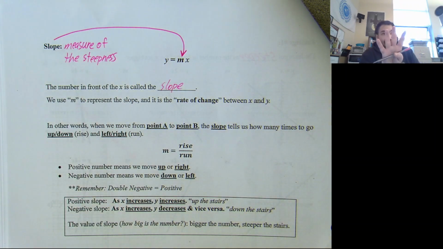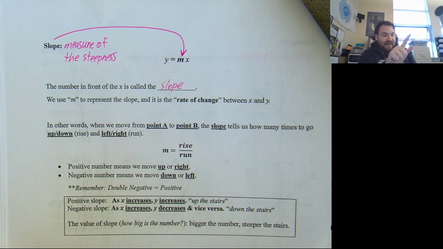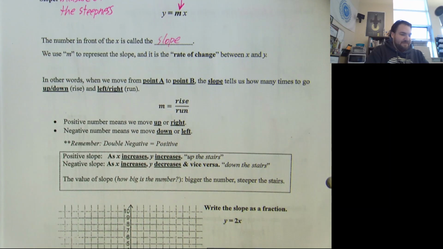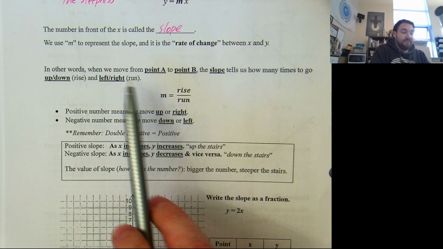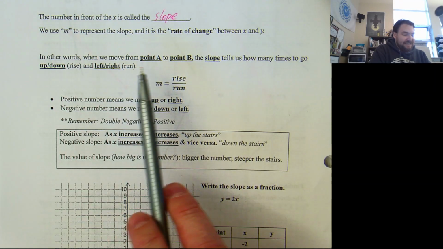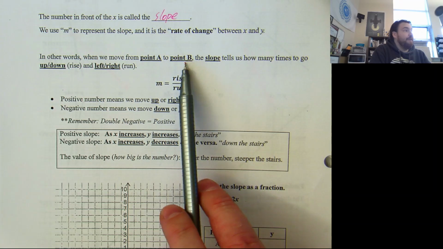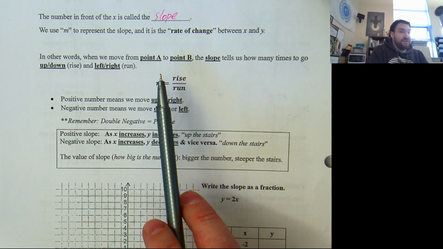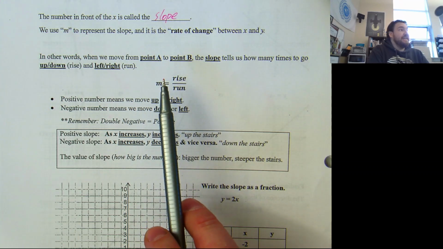I'm going to do it down here at the bottom. It's going to relate to something we've already done, but I didn't use the right language the first time. Another way to think about the slope is that as I move from point A to point B, or any 2 points on the graph, there was a pattern.